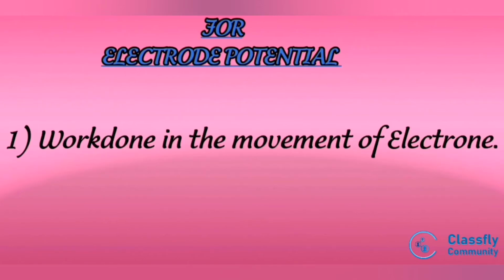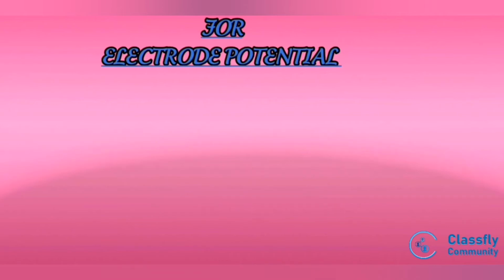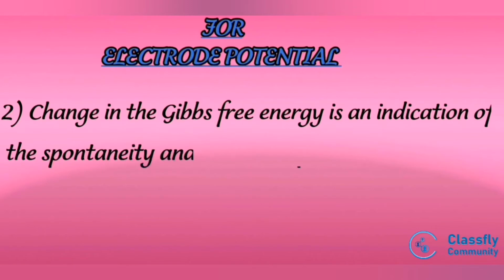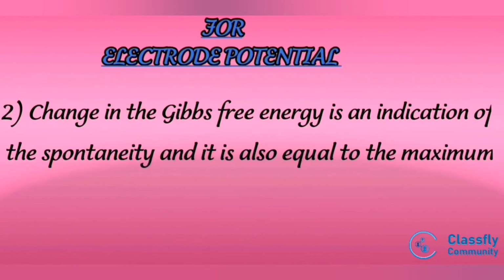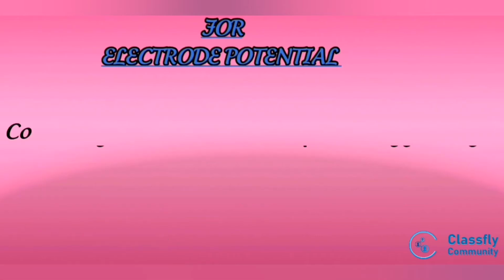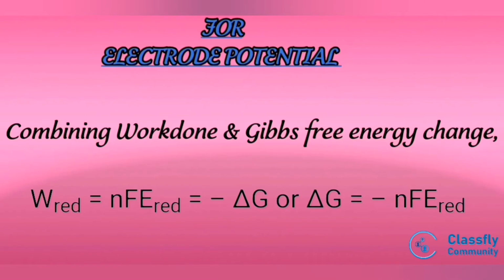First one, work done in movement of electrons, that is W reduction equal to NFE reduction. Second step is the change in the Gibbs free energy, an indication of the spontaneity, and it is also equal to the maximum useful work done in the process. Combining work done and Gibbs free energy, W reduction equal to NFE reduction equal to minus delta G, or delta G equal to minus NFE reduction.